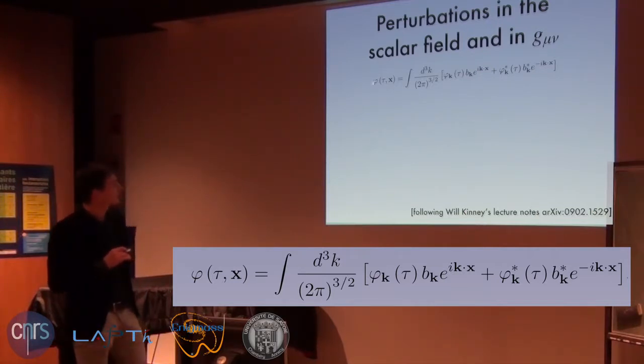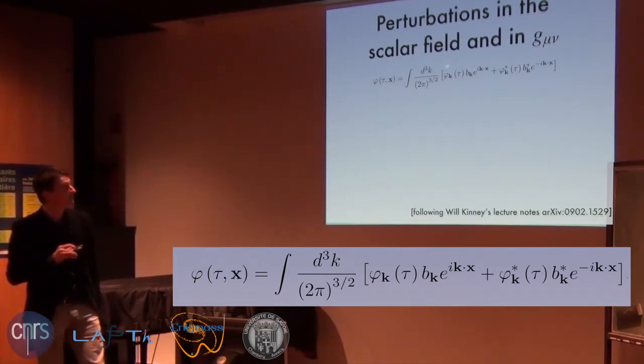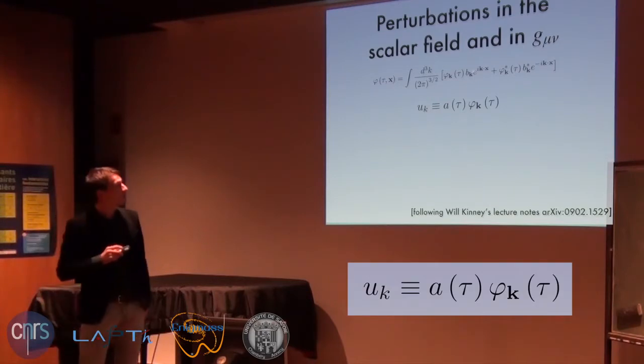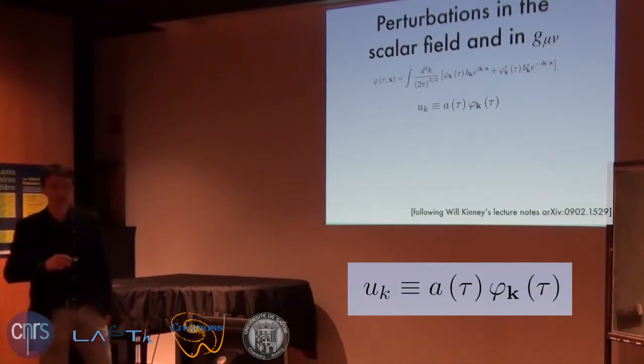The scalar perturbation can be decomposed in Fourier space. These, at this point, are just amplitudes, phi of k and tau, and some normalization, b of k, times the Fourier mode, and here's the complex conjugate. Now let's write this amplitude in terms of a new variable u, which is the scale factor times the scalar field.